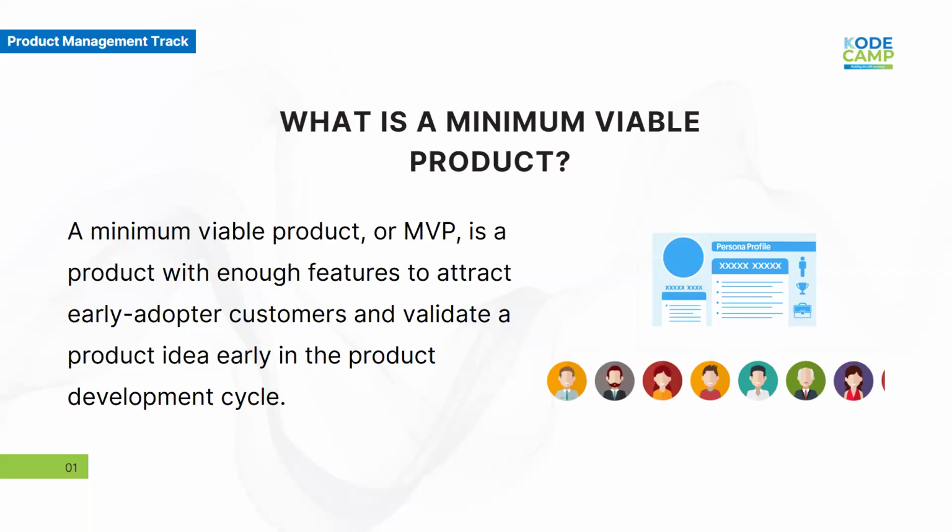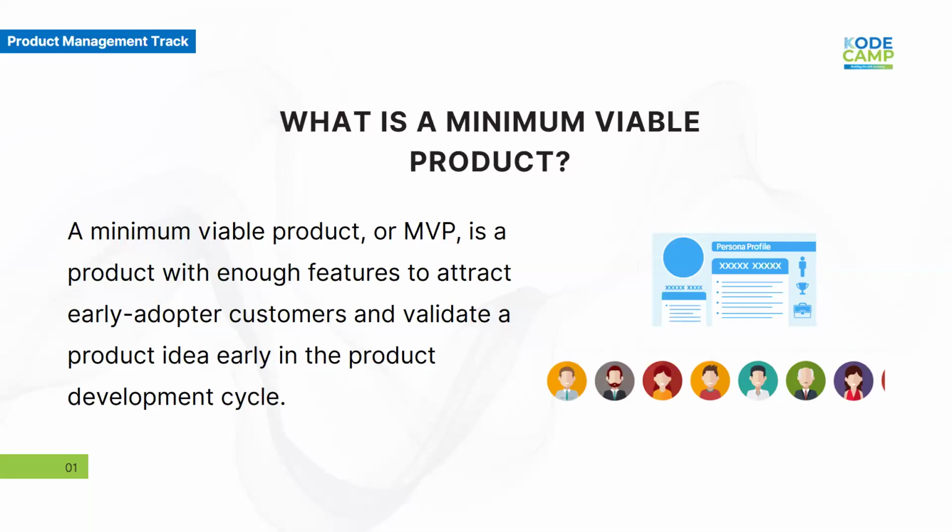Because we are testing this out, because we are trying to learn from this test, what we want to do is to put out the smallest and the simplest version of the product that, in spite of being small and in spite of being simple, still delivers the core value of that product. It still does the core thing that that product is supposed to do, right?